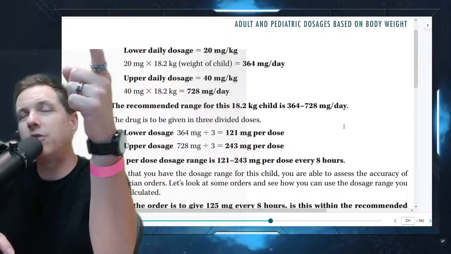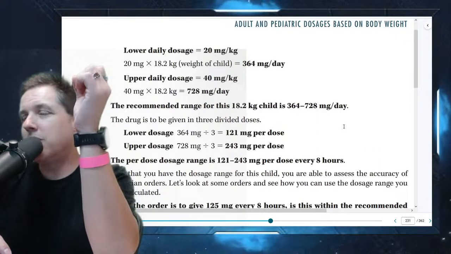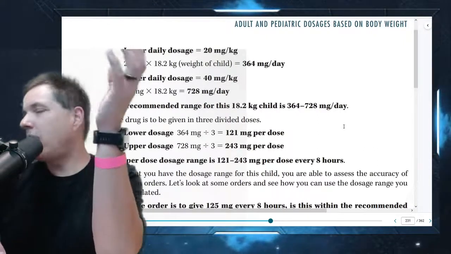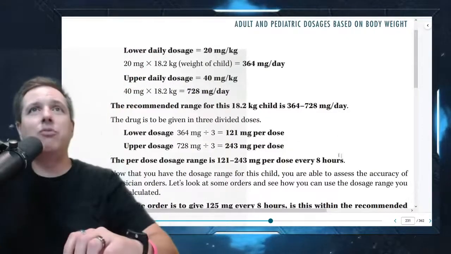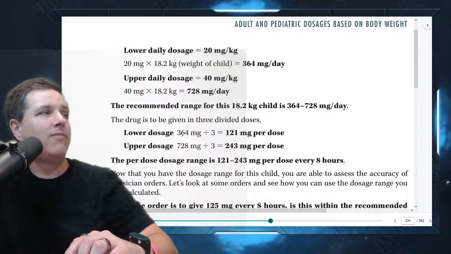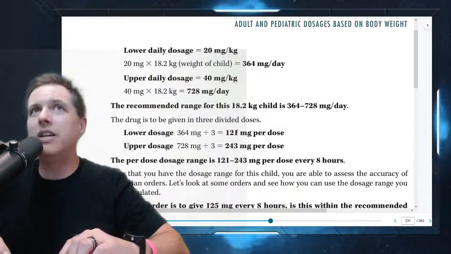So if you get confused about those numbers, and they don't seem like they're matching up like they're supposed to, it's probably just a rounding error. In mathematics, we don't like to write 364 divided by 3 equals 121, because it's confusing.